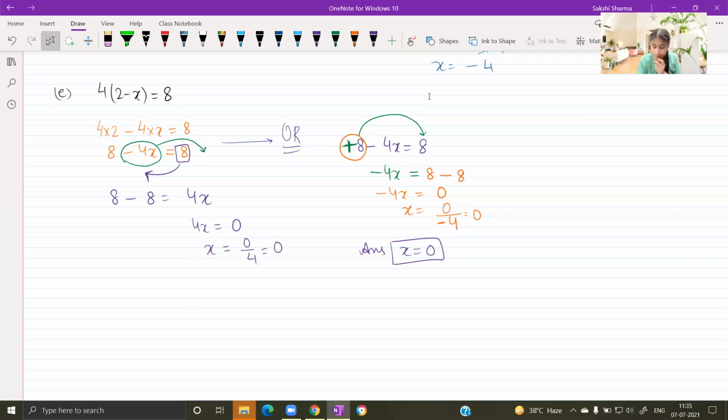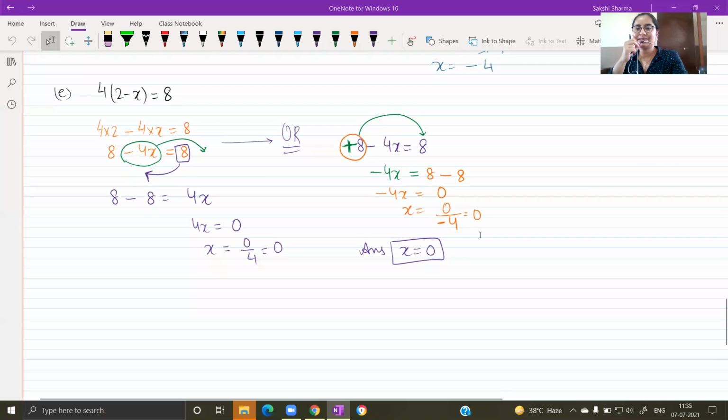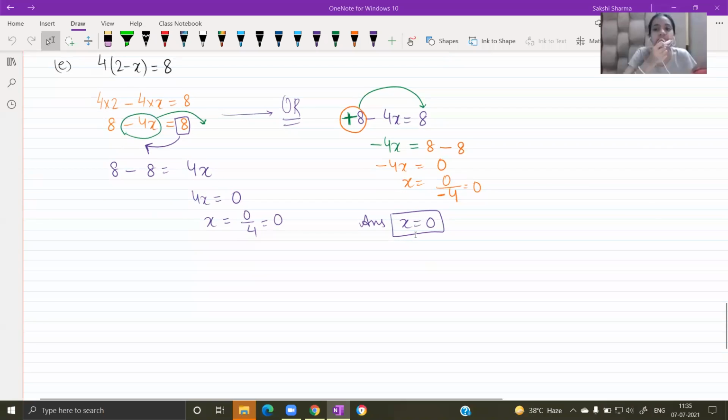I have done 8 minus 4x equals to 8, minus 8 equals to 0, x equals to 0. Fine. Completely fine. Okay, ma'am, I'm sorry, I did it my way only. Actually, I removed minus from 4x. No problem.